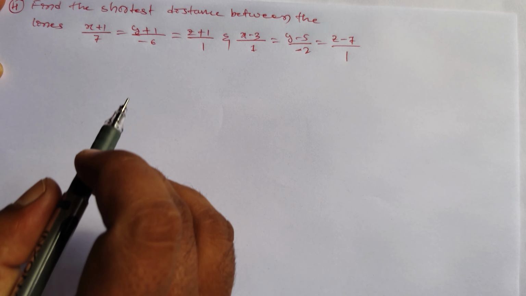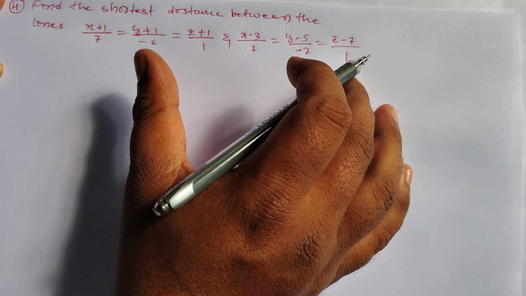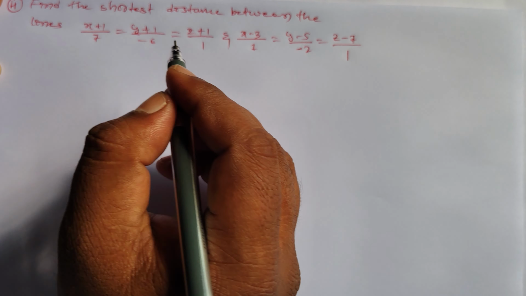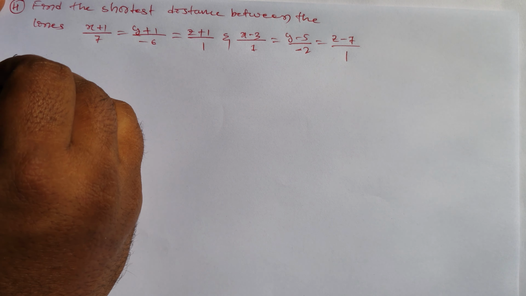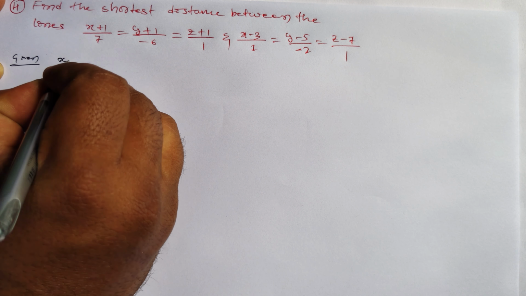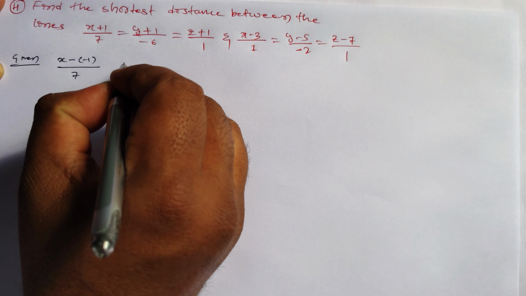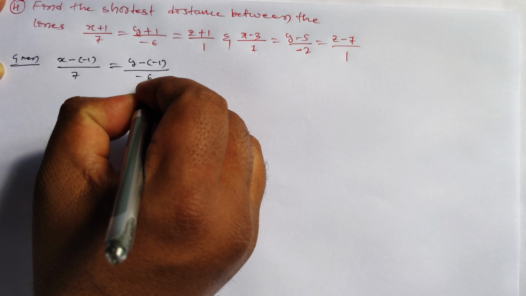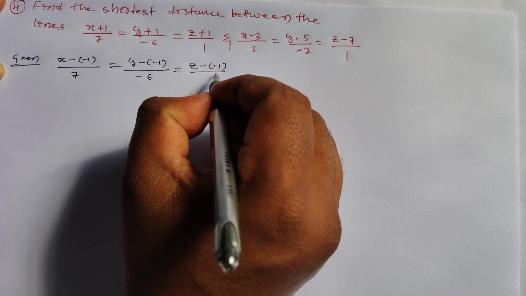Find the shortest distance between the lines. Okay, the equation is given in the form shown, so for that we have to find the a1 vector, b1 vector and c1 vector. So we will write the equation. The given equation is x minus (minus 1) divided by 7, see, there is a plus, equal to y minus (minus 1) divided by minus 6, equal to z minus (minus 1) divided by 1.